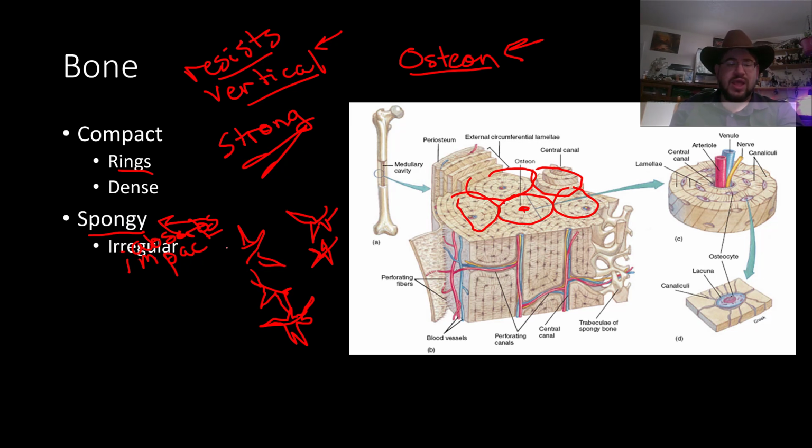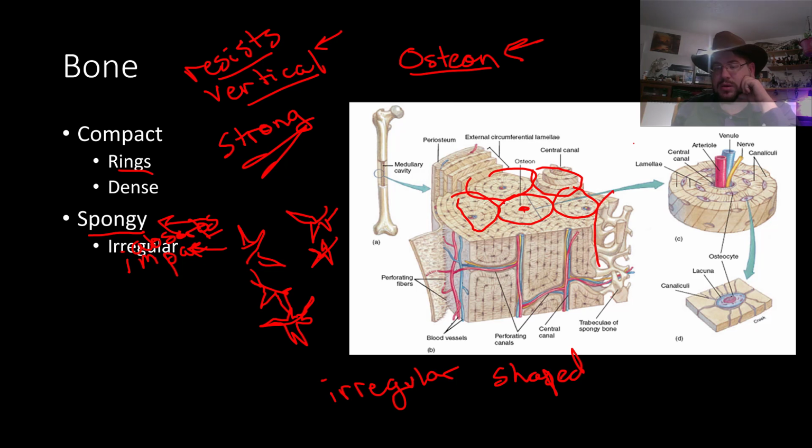So it's irregularly shaped. It doesn't have those nice rings. This picture has a little bit of spongy bone right here, showing how it changes drastically in structure.